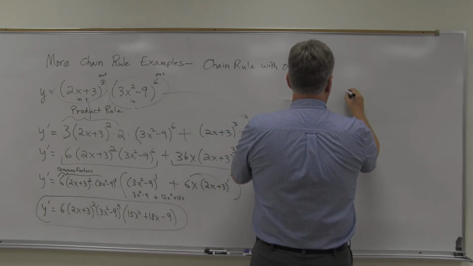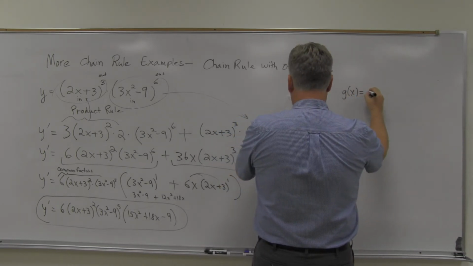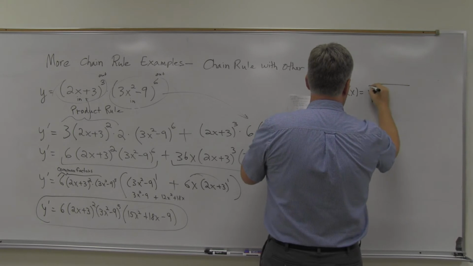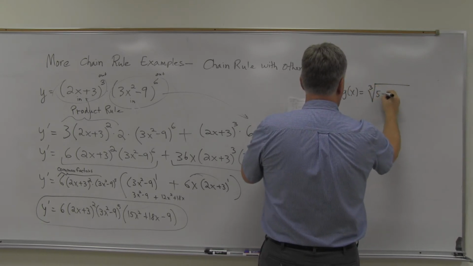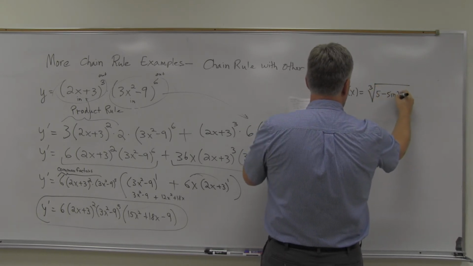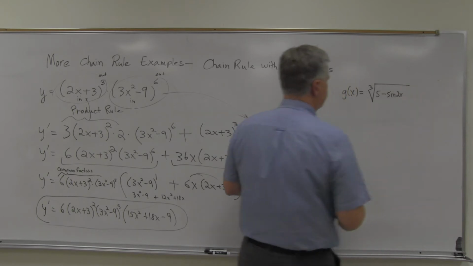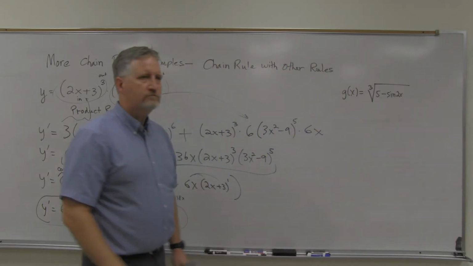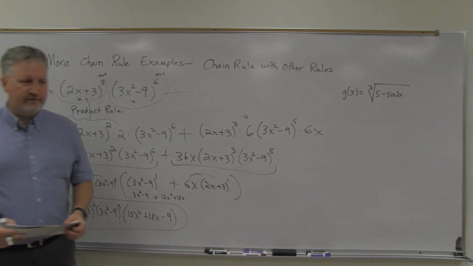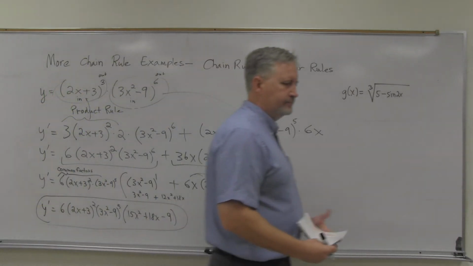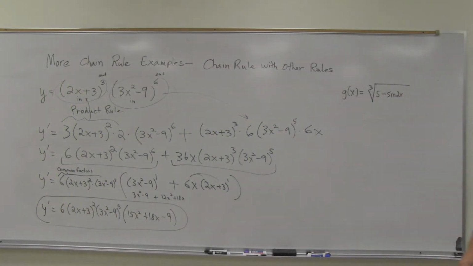All right. G of x equals the cube root of 5 minus sine of 2x. Let's finish off with this one. Okay.